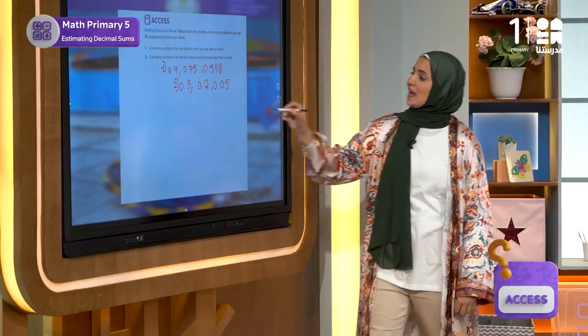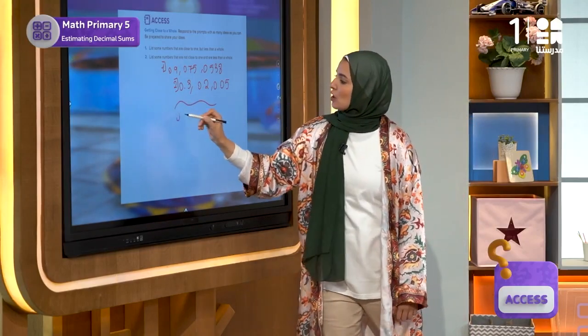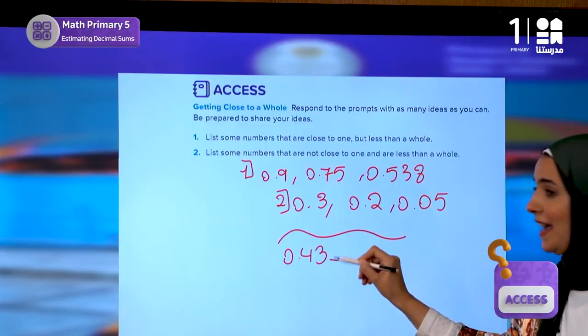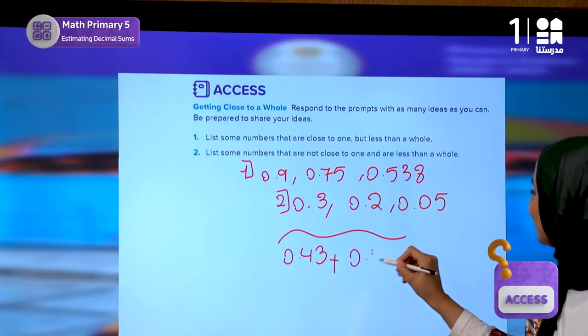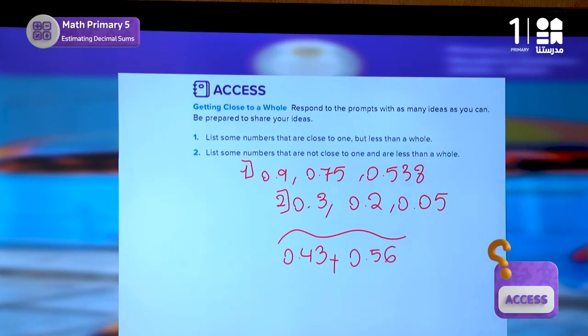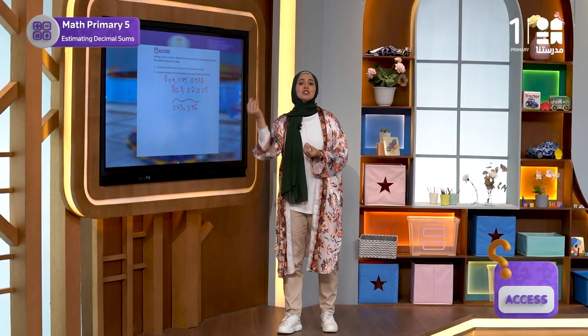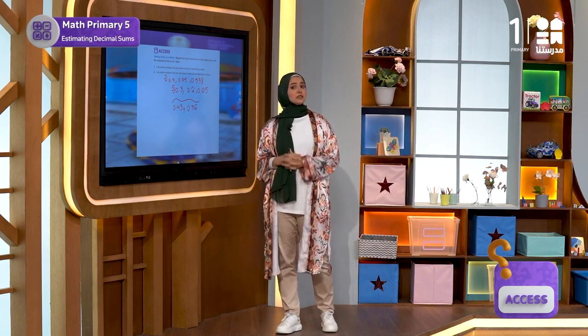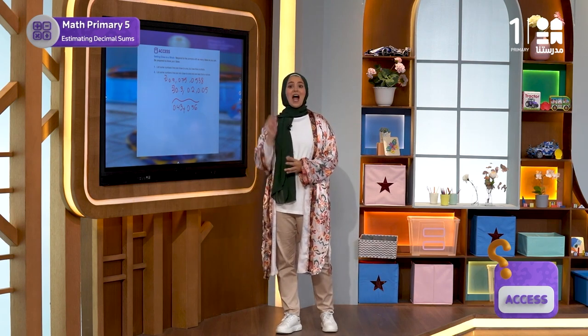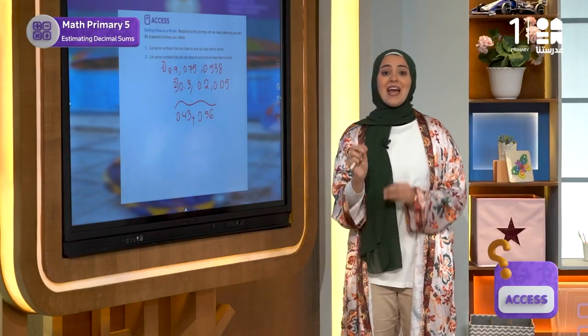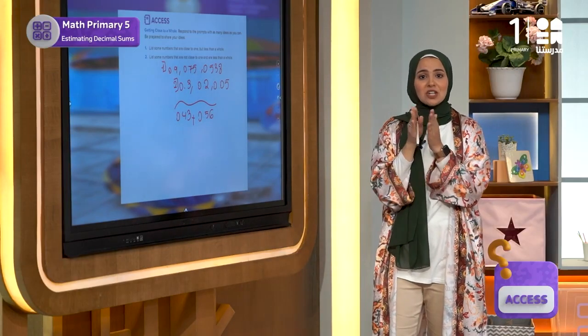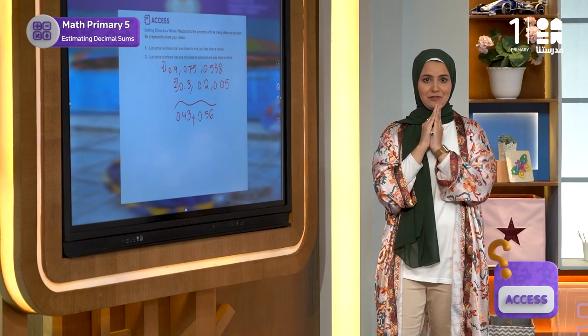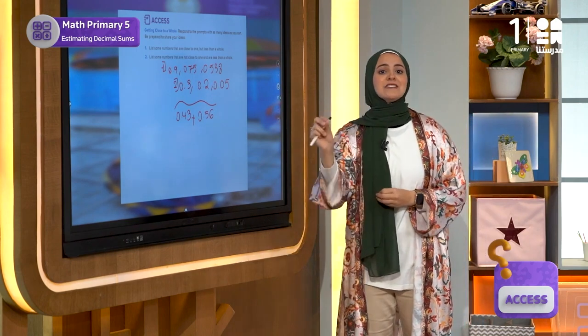For example, let's say we want to add 43 hundredths and 56 hundredths. What do you notice about these 2 numbers? Are they close to benchmark numbers? What do you think? I'm sure many of you can tell that each of the 2 numbers is close to 1/2, which is equal to 5/10.